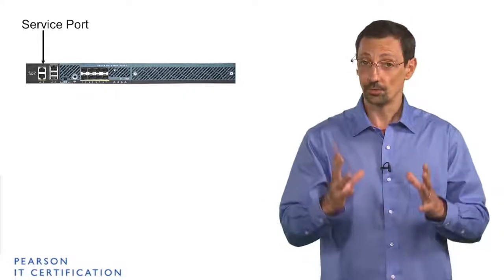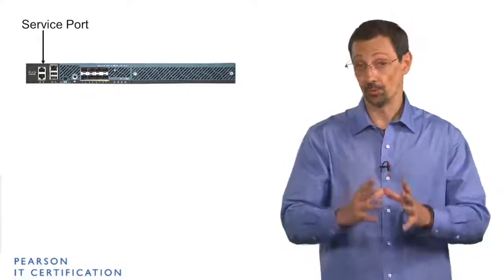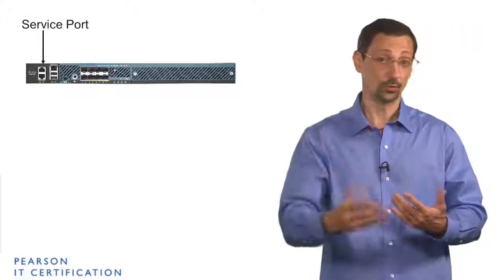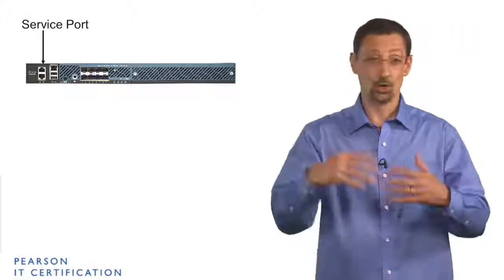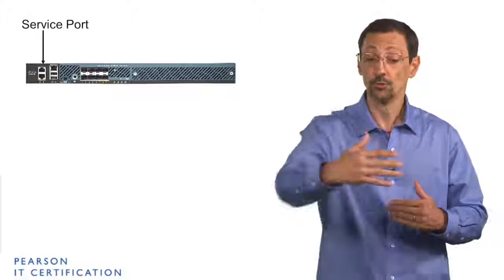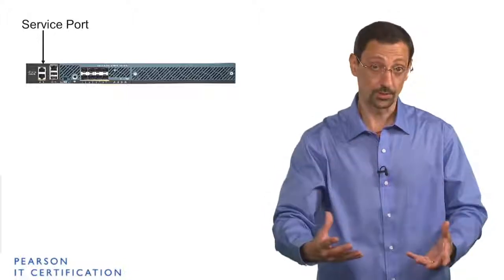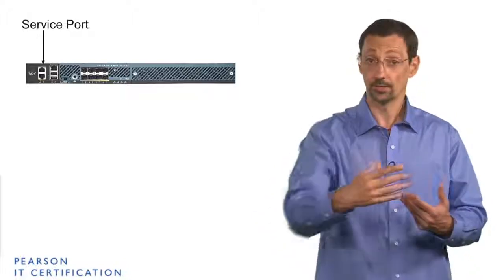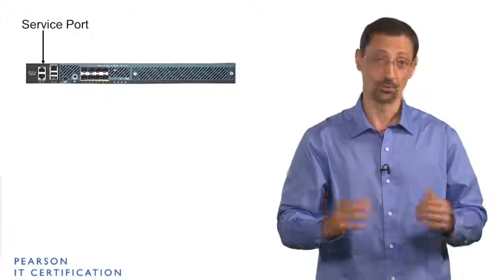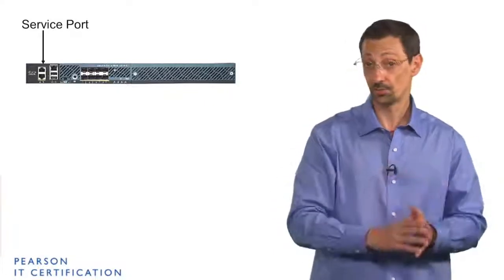However, be careful, there is no data traffic through that port. It's only for you to manage the controller. Think of it as a canyon type of thing, where you have a view of the network, you can configure it, but there is no client data traffic that goes through there. It's purely a management port. All right, so that's a service port.